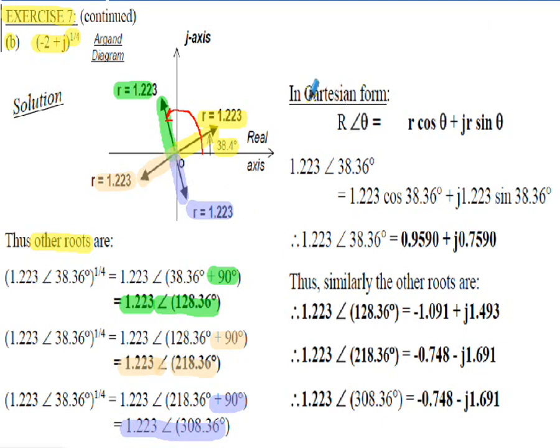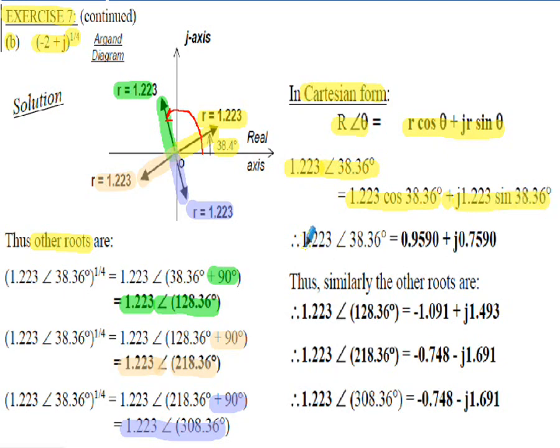If we want to convert them into Cartesian form, then we know r argument theta can be written in terms of r cos theta plus jr sin theta from previous work. So we take the first root, that's 1.223 argument 38.360 degrees, then in Cartesian form that will be 1.223 cos of the 38.360 degrees plus the j 1.223 times the sine of the 38.360 degrees.